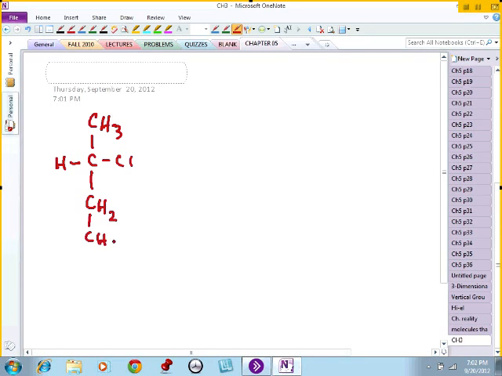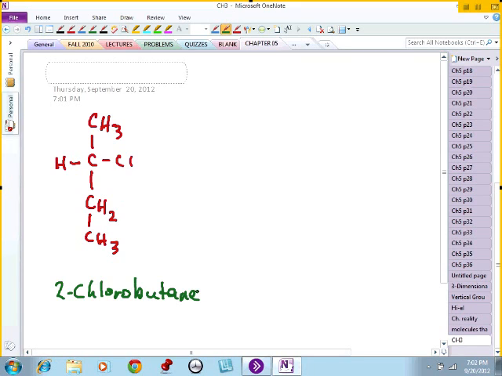Supposing I have this. Based on what we've done so far, can anybody give me the name of this compound? Yes. What is the name of this compound? 2-chloro... 2-chlorobutane, exactly.